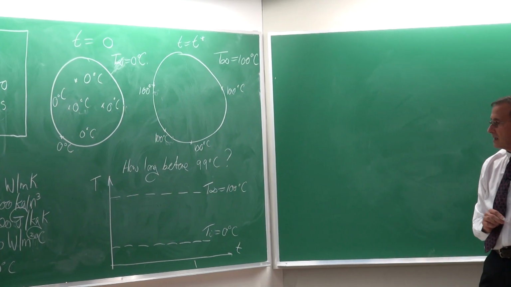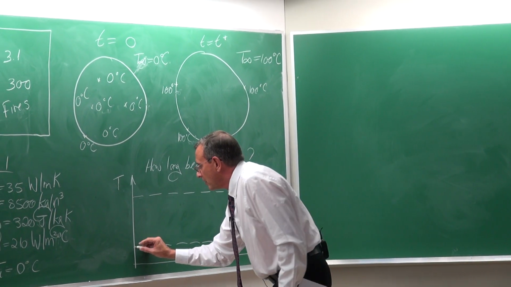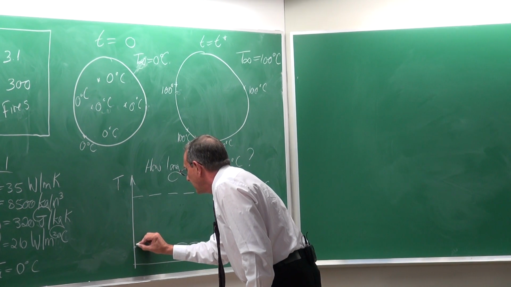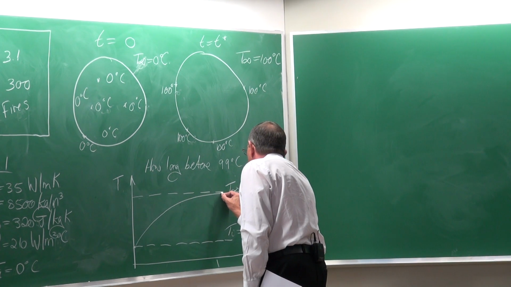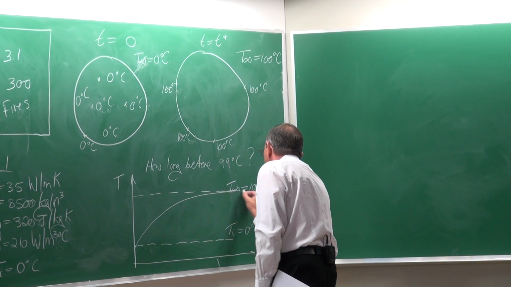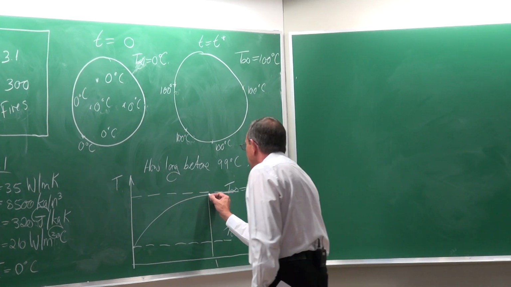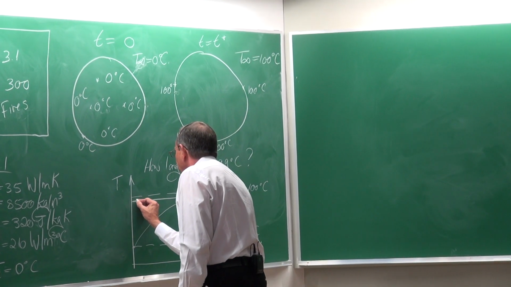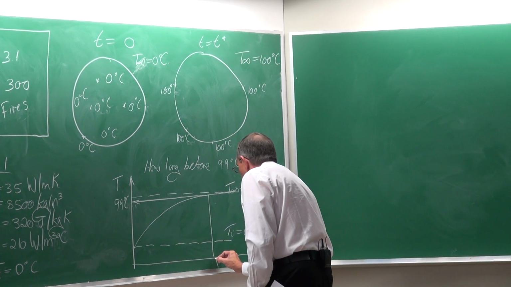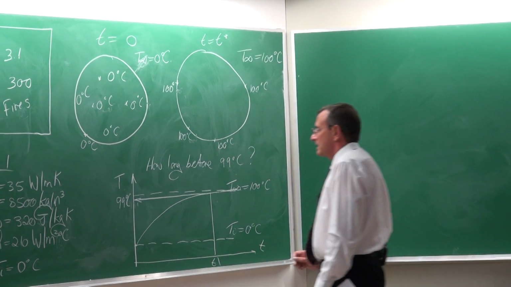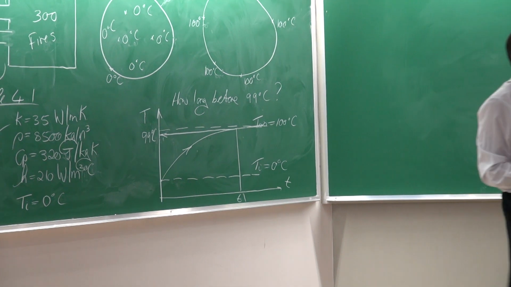At t equals 0, this body was at 0, and then the temperature is going to increase. After a very, very long time, it is going to be about 100 degrees Celsius, but we want to know how long it is going to take before the temperature increases to 99 degrees Celsius.